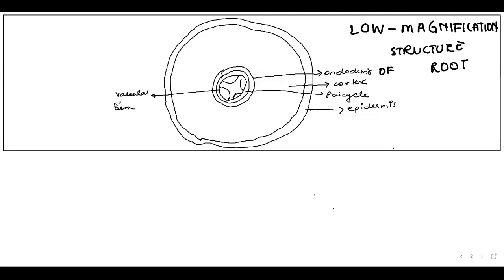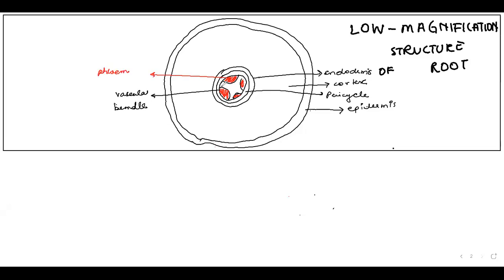Now, in the vascular bundle, the arrangement is somewhat like this. These cells that you will see on the outside are the phloem cells. So phloem cells will be on the outside.